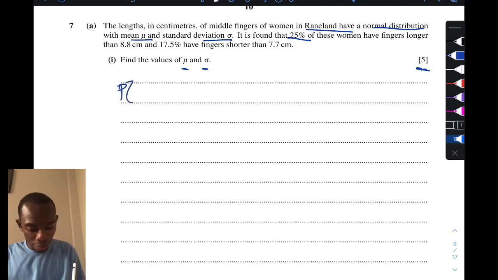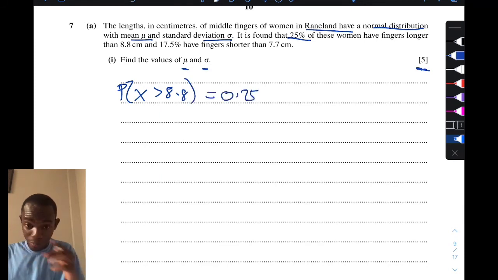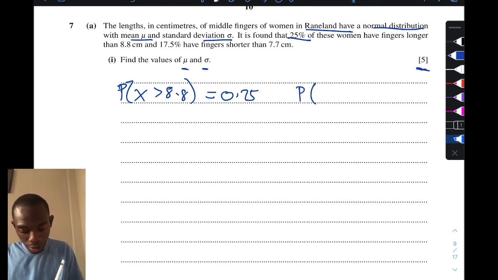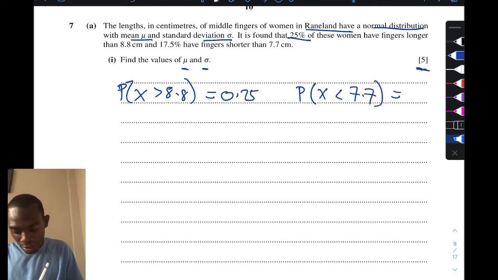So probability of x greater than 8.8 is equal to 0.25. Okay, that's 25%. Then it says the probability of being shorter than 7.7, so x is less than 7.7, is 0.175, which is 17.5%.